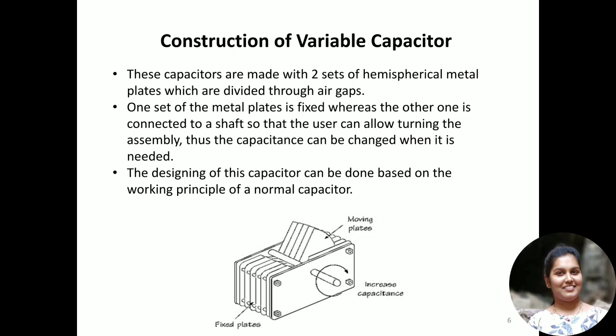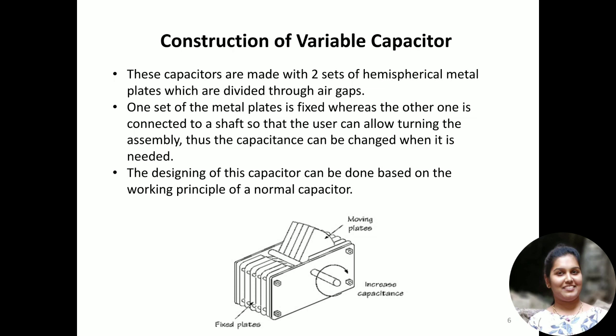Coming to the designing of this capacitor, it can be done based on the working principle of a normal capacitor. The conductive plates of the capacitor are arranged in parallel and are divided with a dielectric coating composed of different materials, like paper, mica, or any other kind of ceramics.